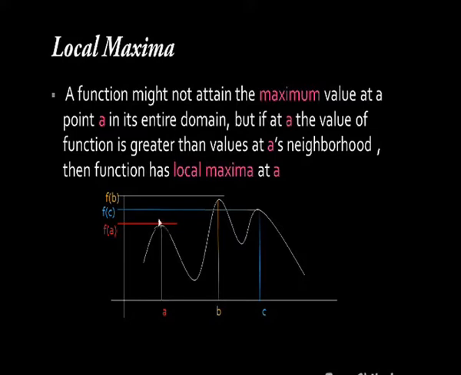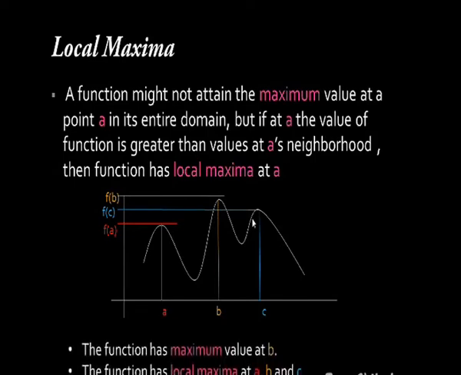The function's value at B is also high in its neighborhood, left and right, and similarly at C. So we say that the function has its maximum value at point B, but the function has local maxima at A, B and C, all three of the points.